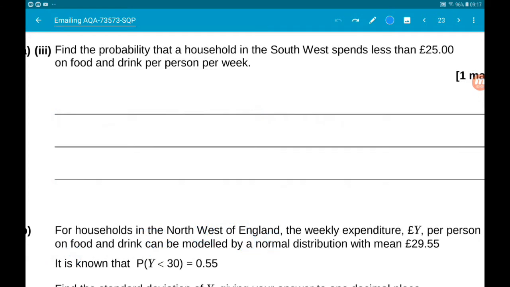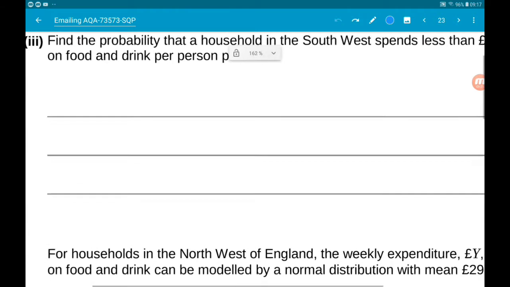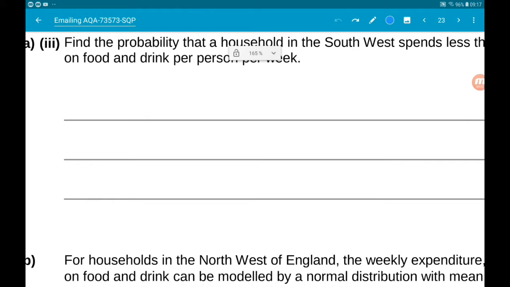Okay, part 3 wants us to find the probability that a household in the southwest spends less than £25 on food and drink per person per week. So, our calculators can do this. Let's set up the distribution. So, X is normally distributed.